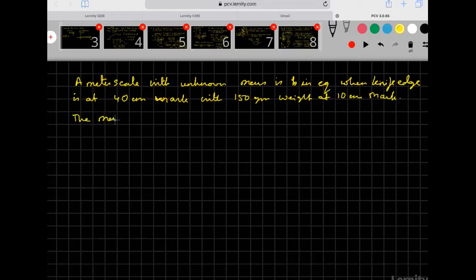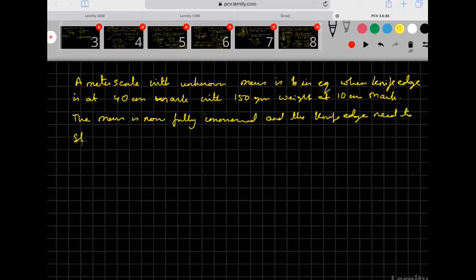The mass is now fully immersed and the knife edge needs to be shifted to the 42 cm mark.